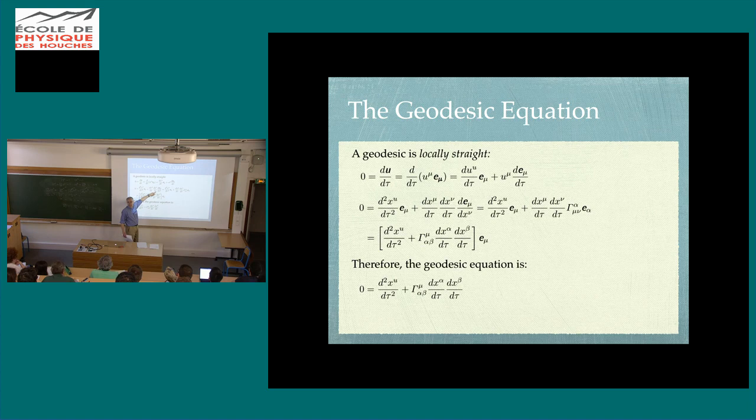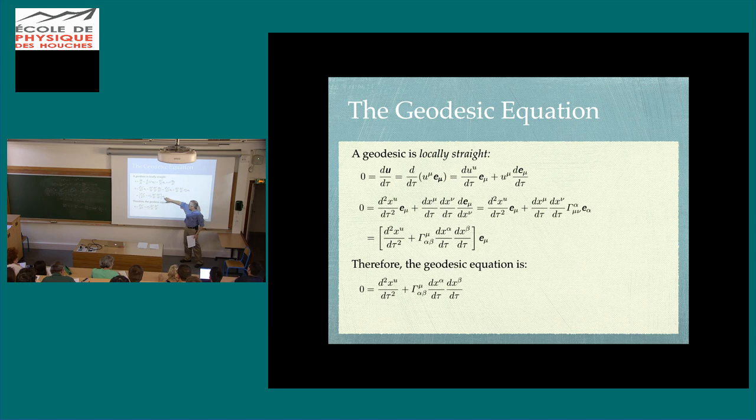Yeah, chain rule. The basis vectors are changing with proper time only because the particle is moving, changing position. The basis vectors depend on position, so I'm using the chain rule there to expand that. And then what did I do as I went here? Yeah, I used the definition of the Christoffel symbol to replace this.